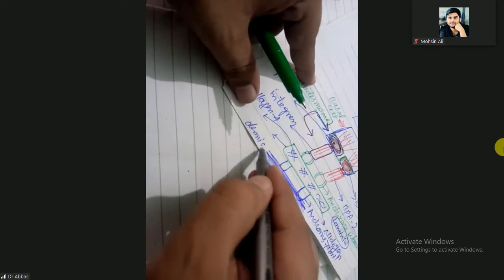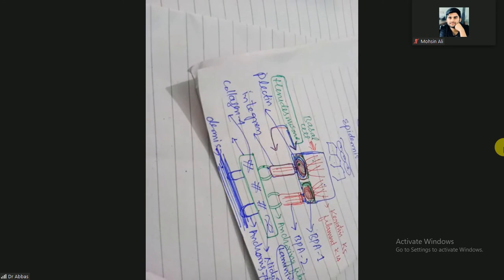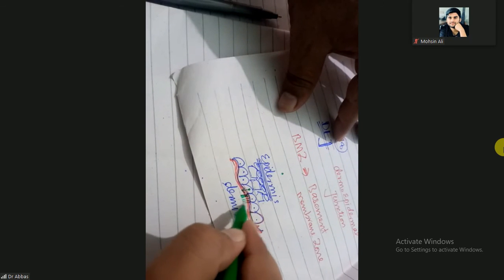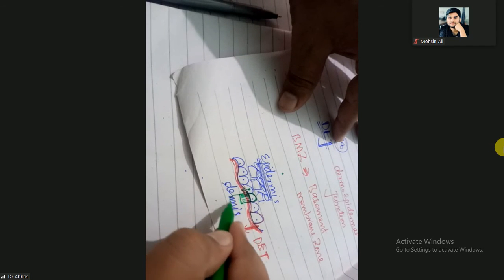Clear? So this is the dermis and this one is the epidermis. In between the dermis and the epidermis there is a junction known as the dermoepidermal junction. Very simple. We are going to discuss only this portion in a magnified way. Upper is the stratum basal cell and lower is the dermis.